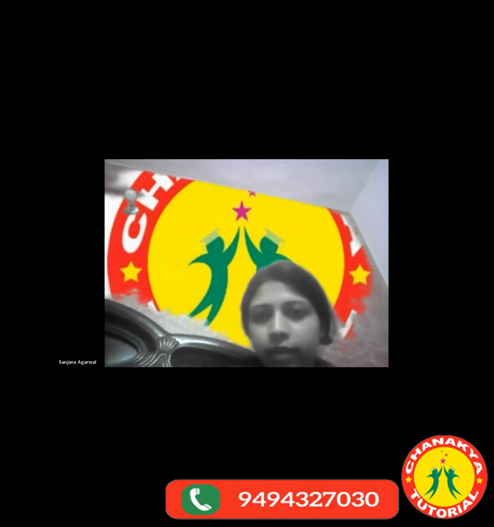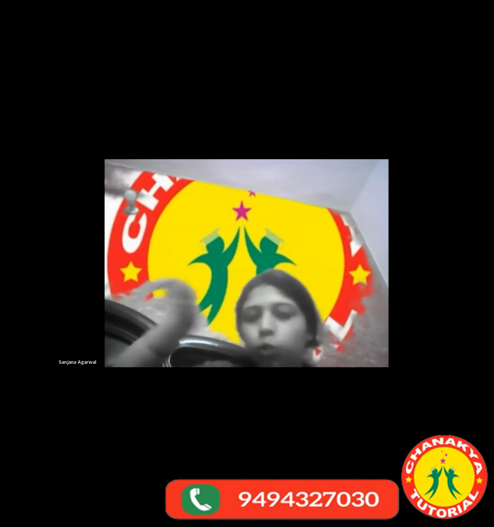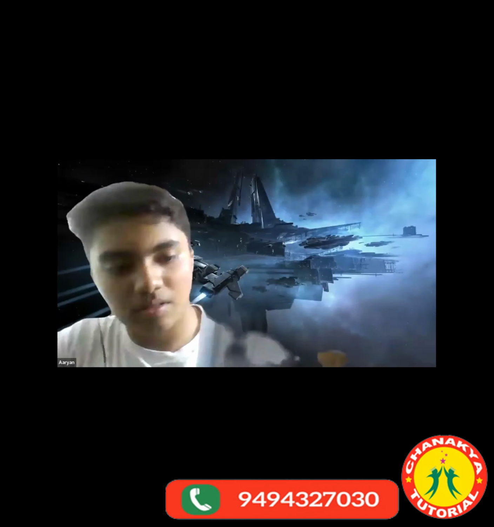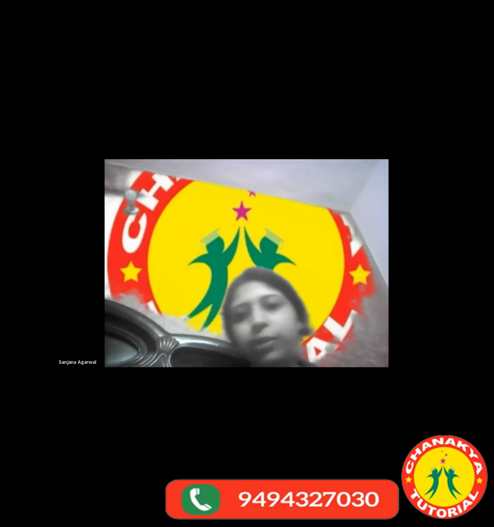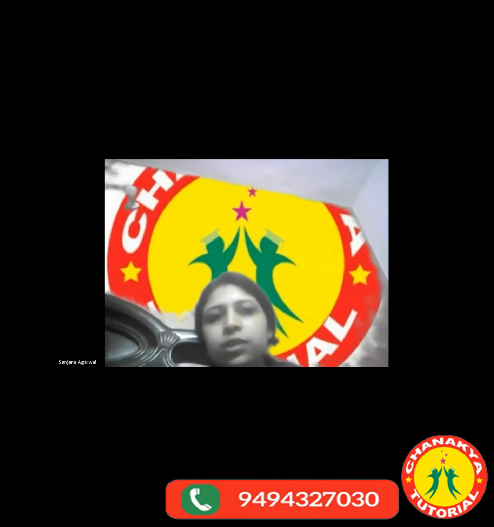That doesn't work. Reflected rays have to be produced back, and the point where those two reflected rays meet behind the mirror will be the point of image. Okay. Anyone else who was done?